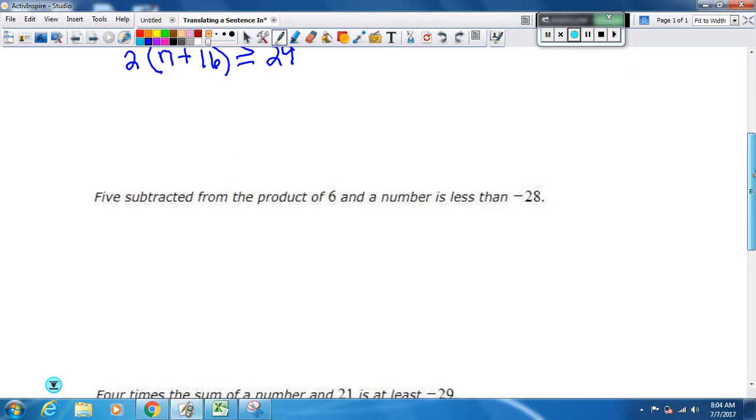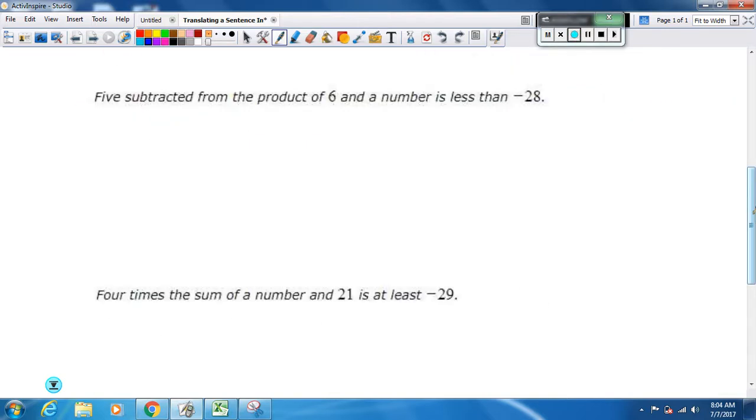Okay, the next one. 5 subtracted from. Okay, anytime you have the word from, you're actually looking for the word is, and then you're working backwards, because whatever's in front of the word from has to come at the end. So I'm going to subtract 5 from something.